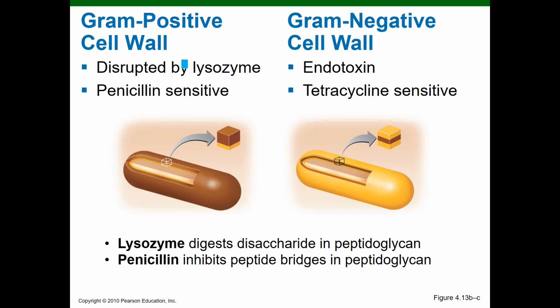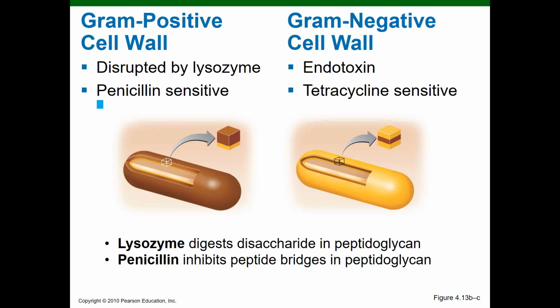Some other differences between the cell walls of gram-positive and gram-negative cells. Gram-positive cells can be disrupted by lysozyme. Lysozyme is an enzyme that your cells produce that specifically cleaves peptidoglycan. It's a component of your sweat and tears. Lysozyme cleaves apart that outer wall of bacterial cells.